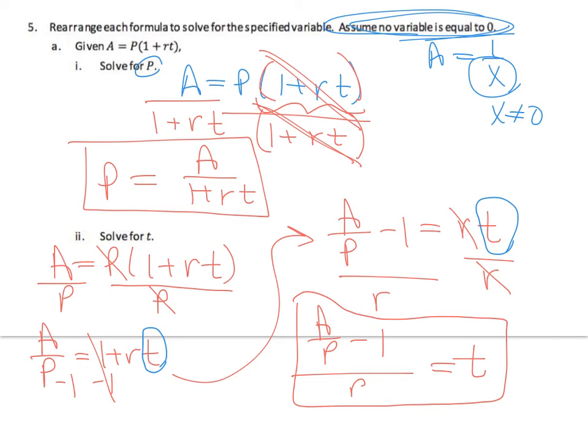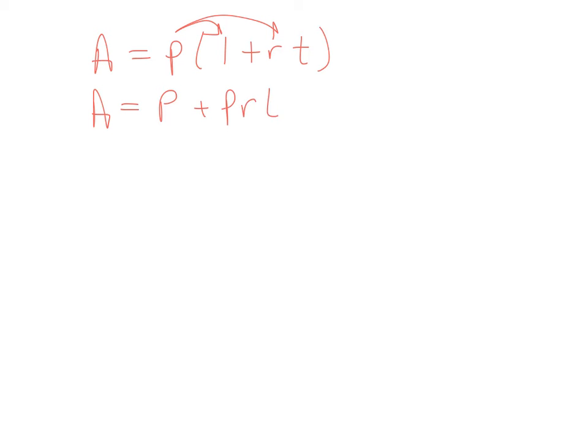Now if you'll have patience with me, I'm going to show you one more way to solve for t. Hopefully this gives some of you the confidence that there's more than one way to solve an equation. This time I'm going to distribute the p, so I'm going to multiply it through, p plus prt. And this time I'm going to go through similar steps.